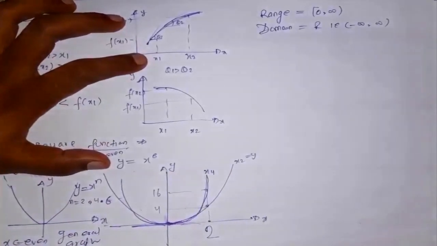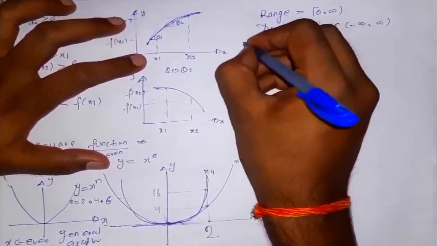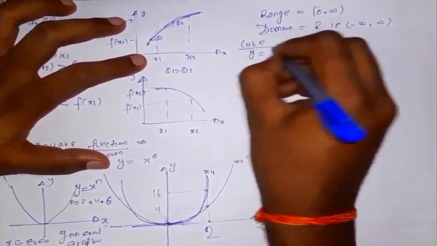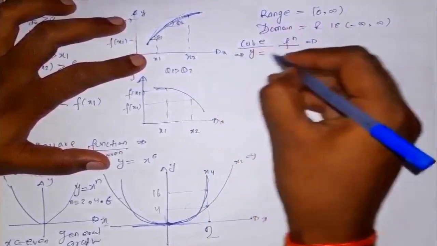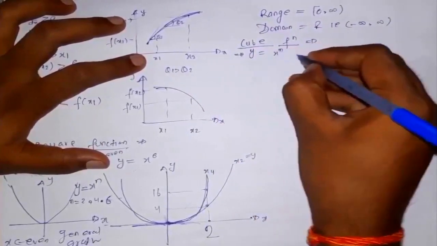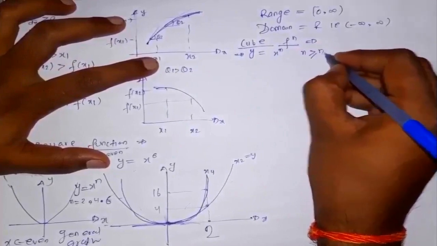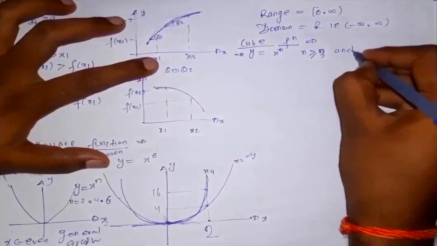Now we will see the cube function. As far as the cube function is concerned, like x to the power n, let n be greater than or equal to 3, and should be odd.